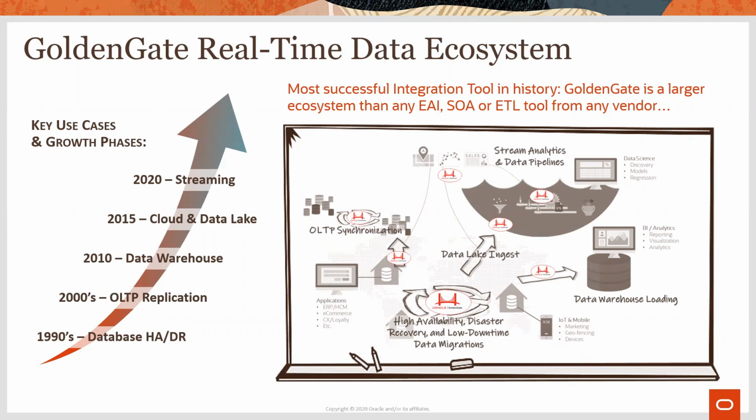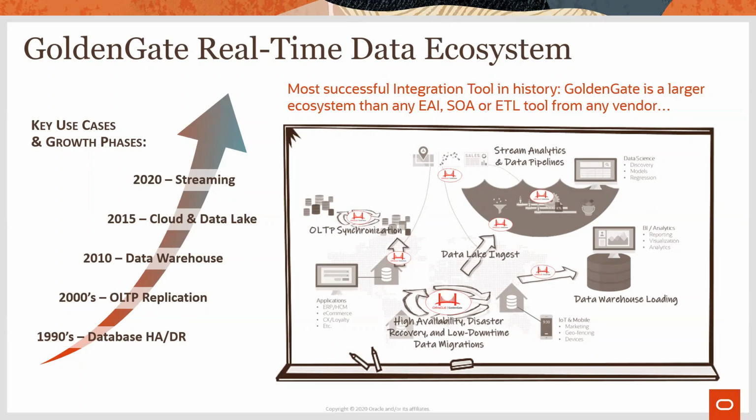Hopefully this makes sense for you now on where the use cases began with high availability, disaster recovery, and database migrations 20 years ago, stepping through that progression of capabilities towards today, where we now see a ton of interest and uptake around these data lake and streaming analysis types of use cases.